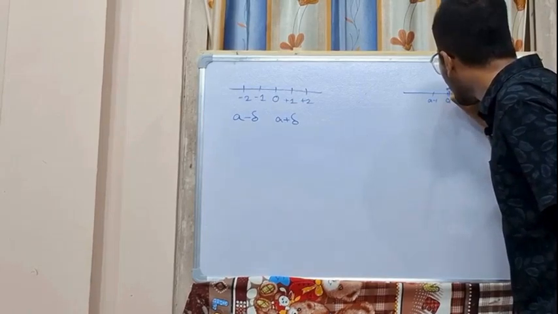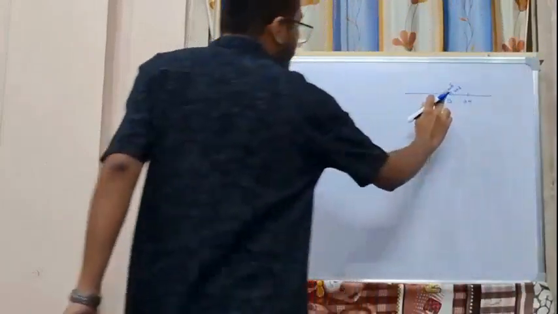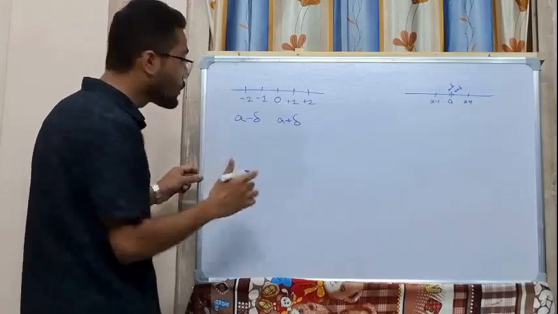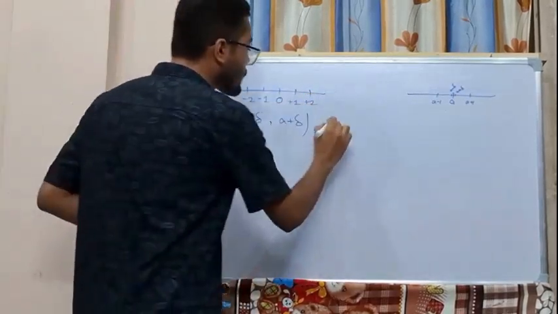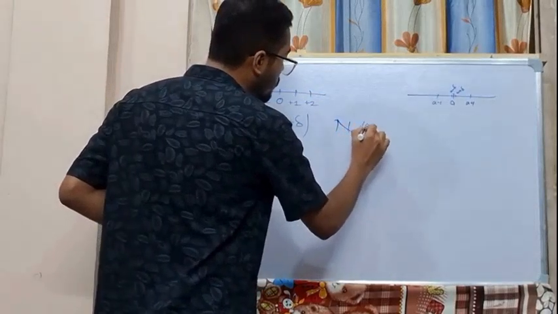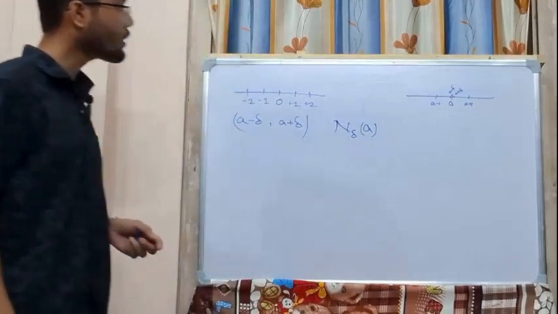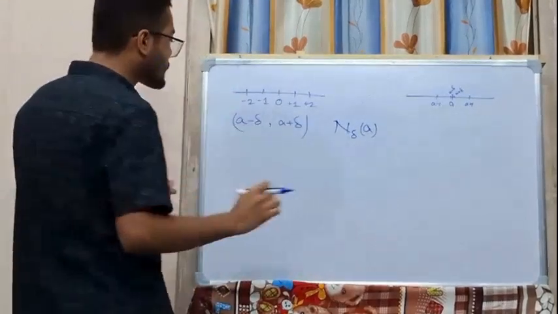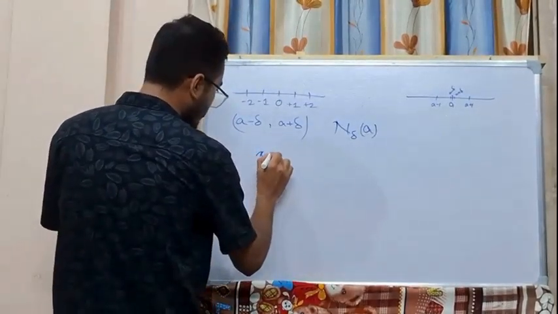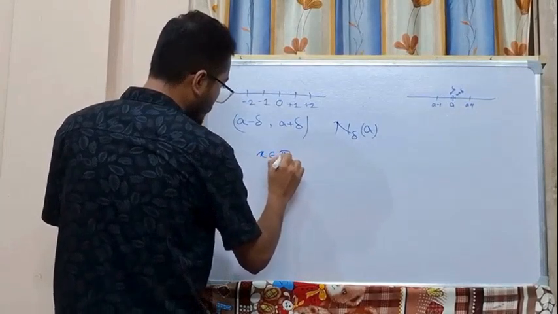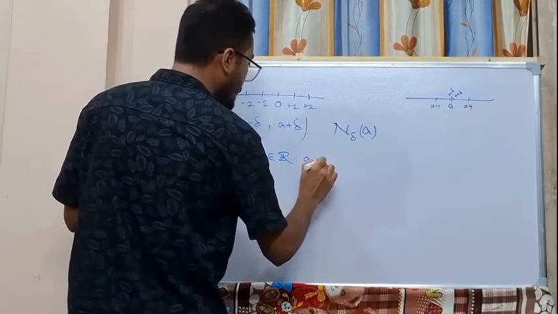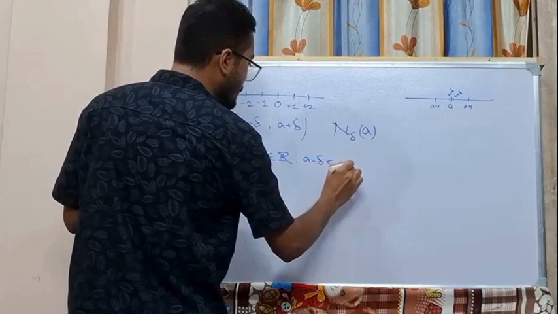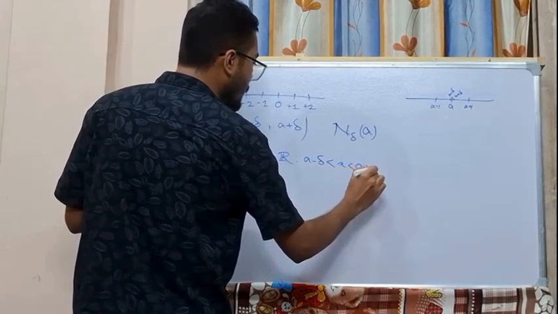So every number lying between A minus delta and A plus delta will be called the neighborhood of A. We can write this as: x belongs to the real numbers such that A minus delta is less than x less than A plus delta.